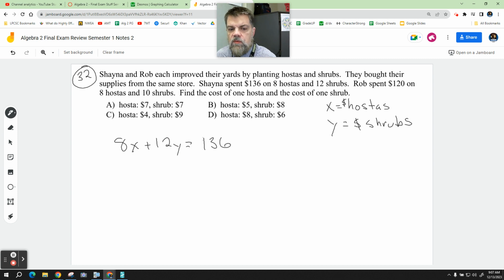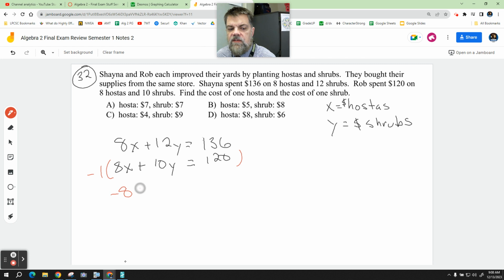Then Rob spent $120 on 8 hostas and 10 shrubs. So then what we need to do is take this bottom one and multiply it by -1.